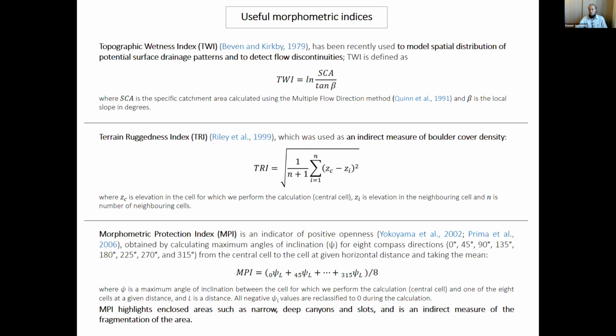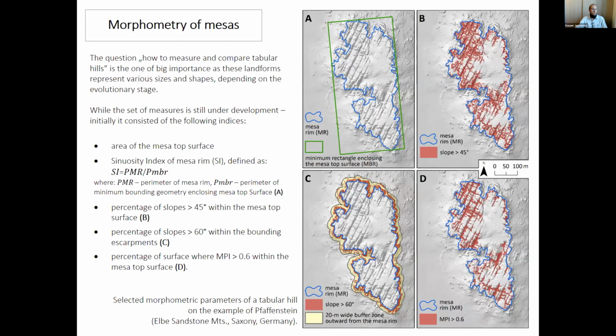And going to an example of our work, at first we asked ourselves how to measure and compare tabular hills. We found this question of big importance as these landforms represent a very huge variety of sizes and shapes depending on their evolutionary stage.